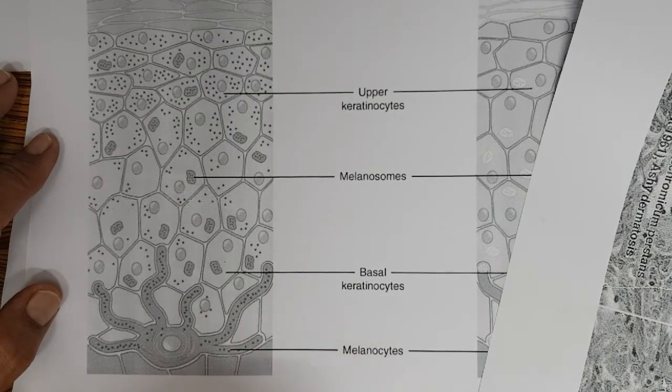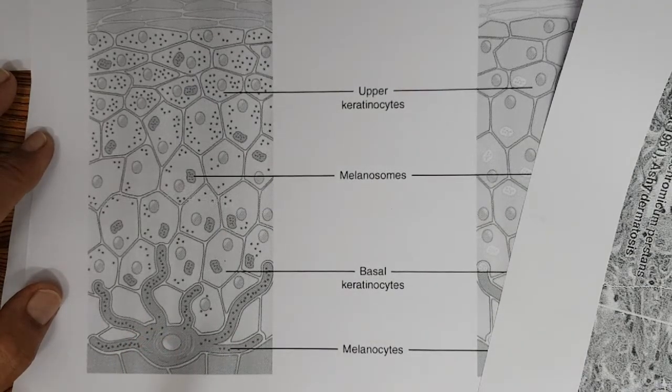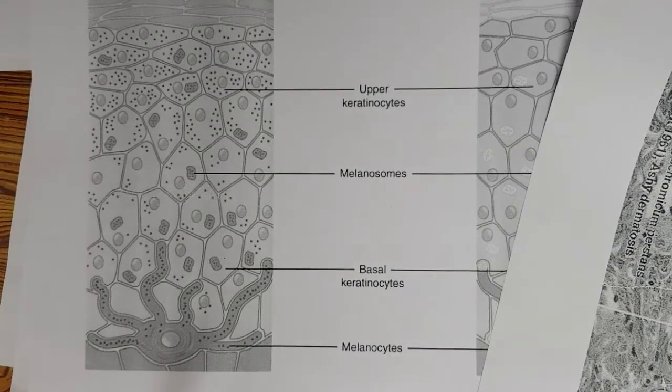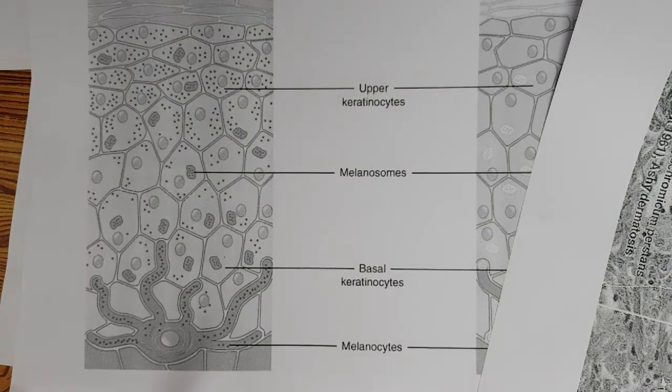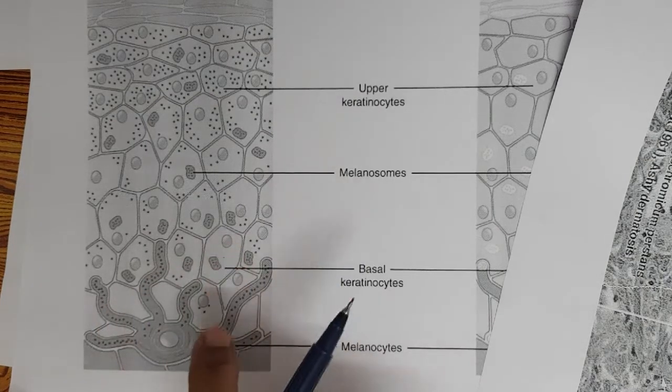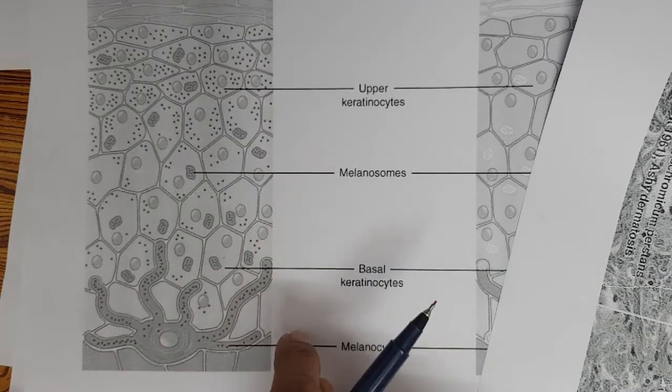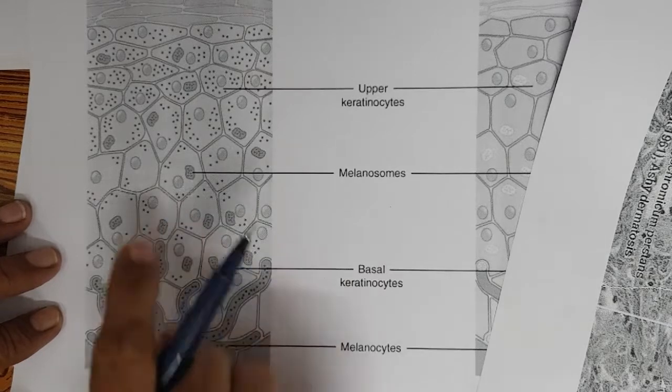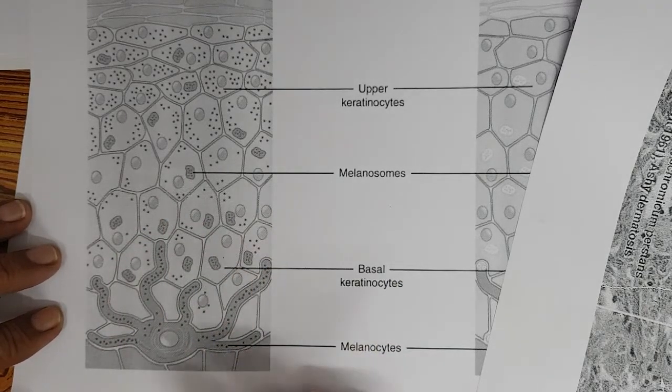Sunlight is the major trigger for the synthesis and transfer. So whenever you expose yourself to sunlight, the skin tans. One of the major causes for the tanning response is this trigger.